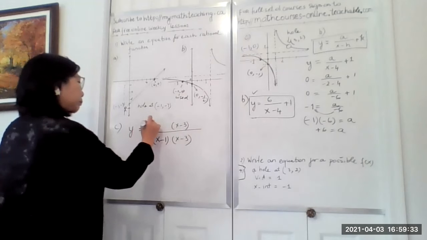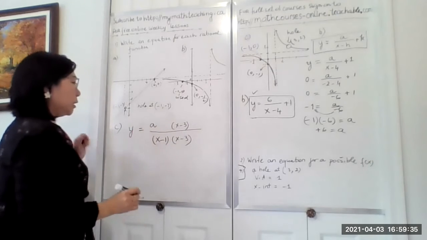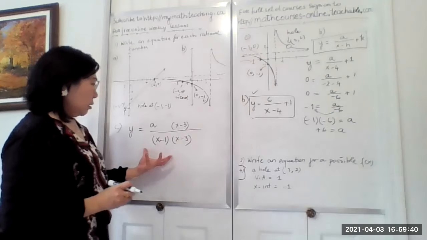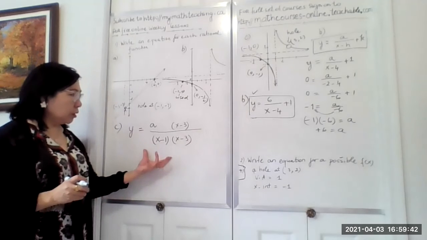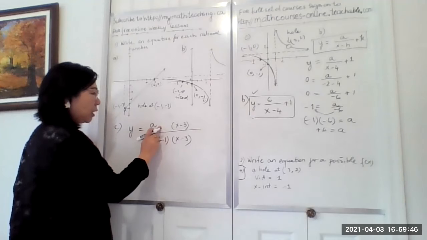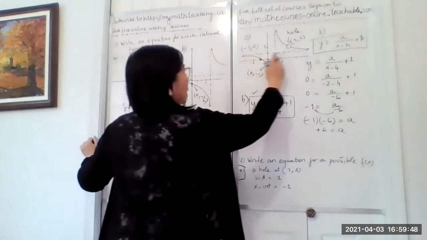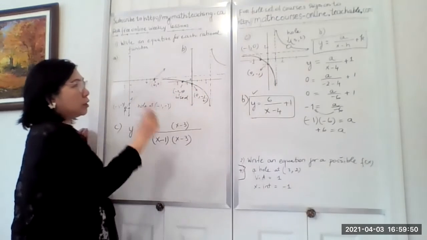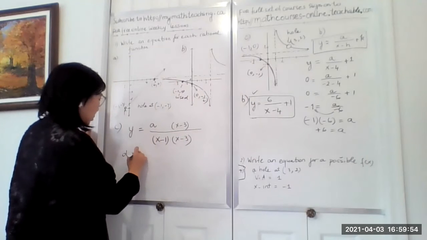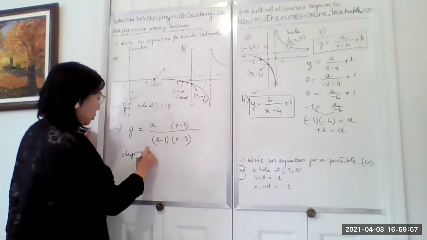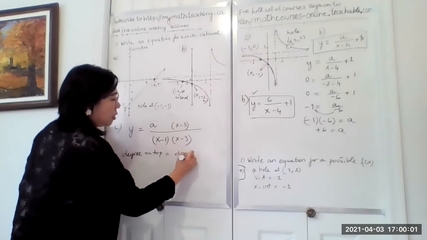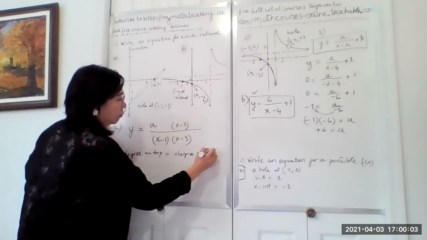What else do we know? We put an A in here, because we don't know the vertical stretch factor. What's wrong with this? Now let's see. In order to have the horizontal asymptote like this, we need the degree on the top to equal the degree at the bottom.